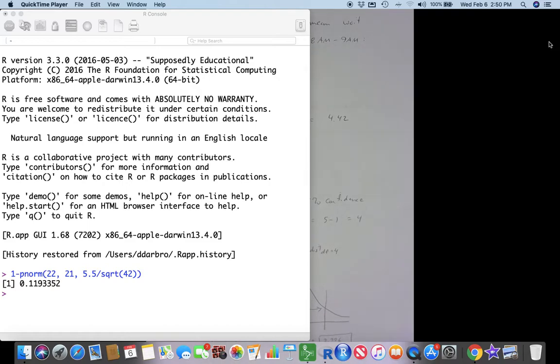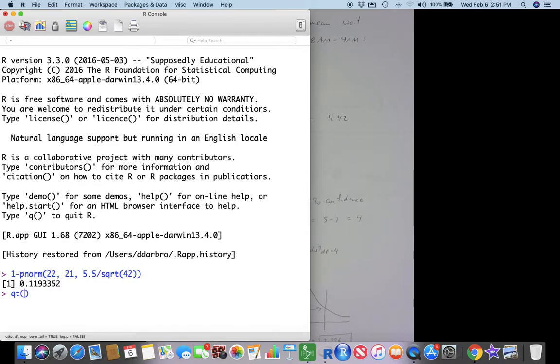But I'm going to change two things. First of all, I don't use the P function because it takes a particular value from the normal distribution and finds the area below it, or when I subtract it from 1, it finds the area above. What I want to use is a Q function, which takes an area below and tells me the value from the distribution that meets that criteria.